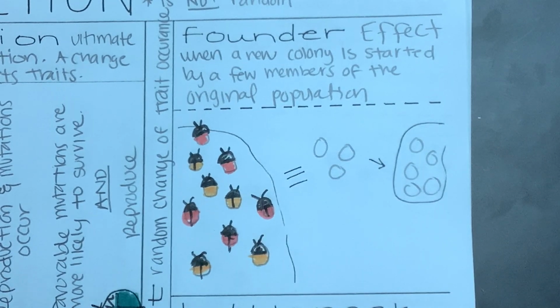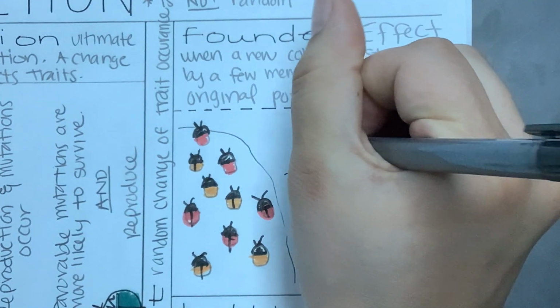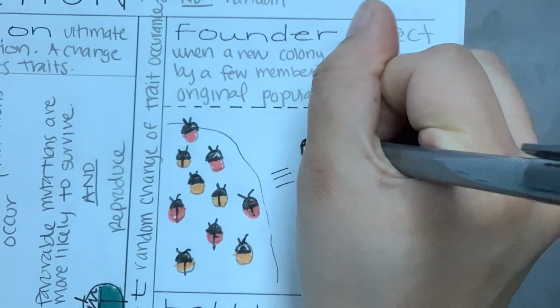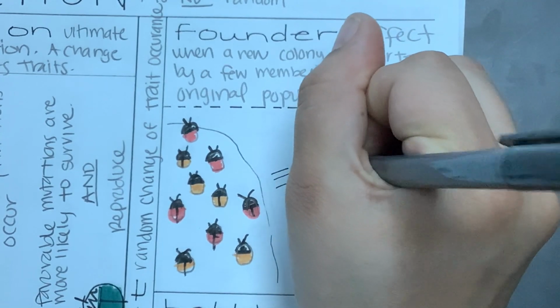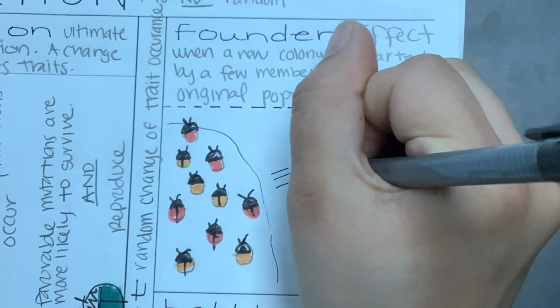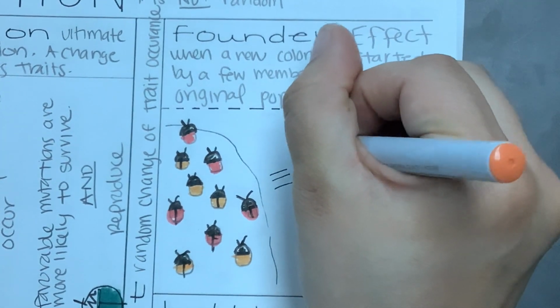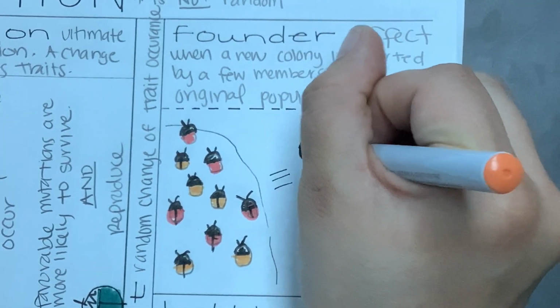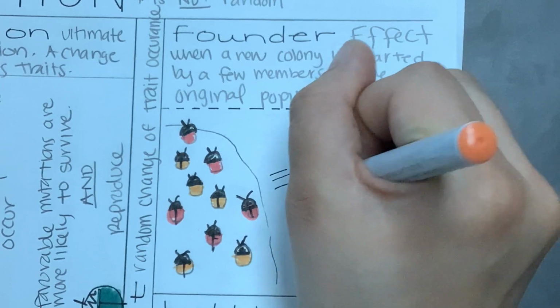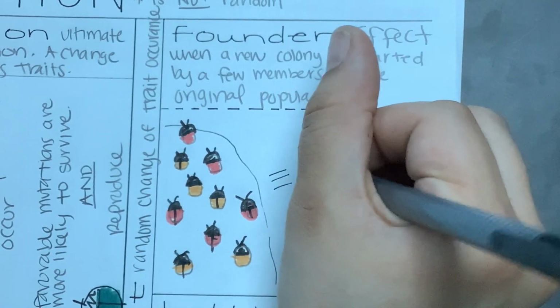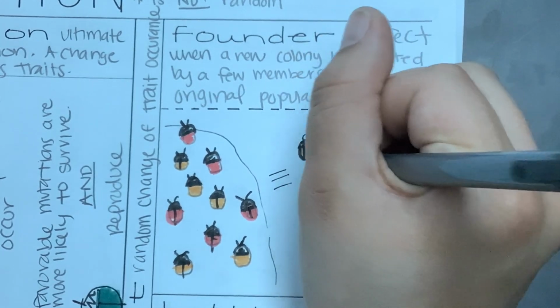And let's say you have this population and something happens and these little buddies get out. They escape. And again, we're going to pick on the orange ones because why not? So these little orange buddies, they get out and they go to a new habitat.